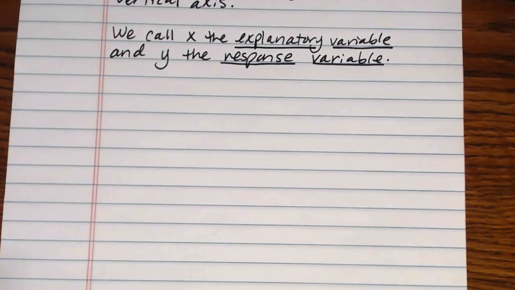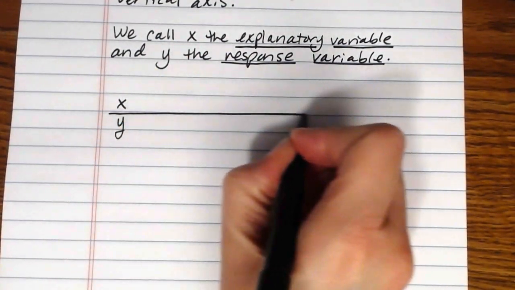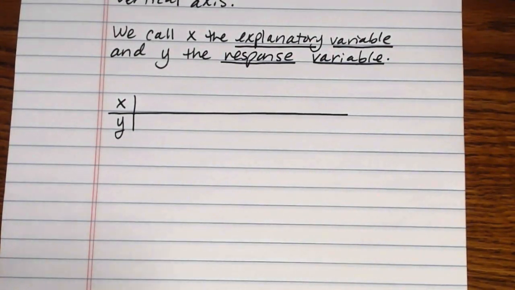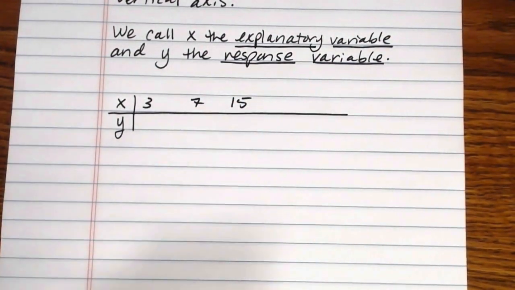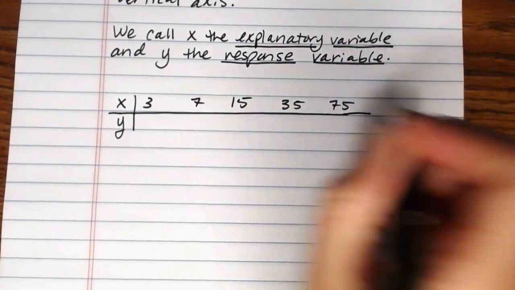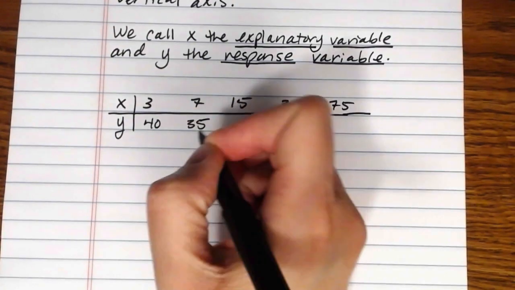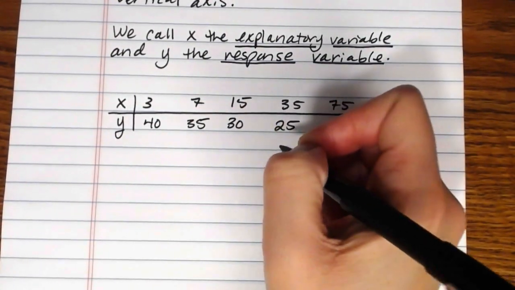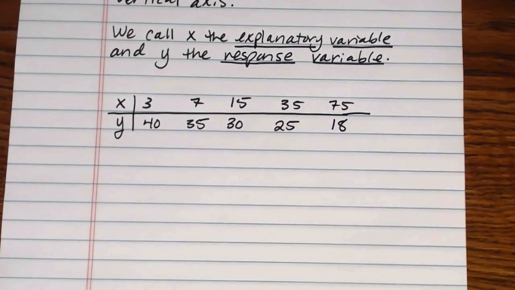These data are given in table format. The X values are 3, 7, 15, 35, and 75. And then the Y values are 40, 35, 30, 25, and 18. Okay, so those are our data points.